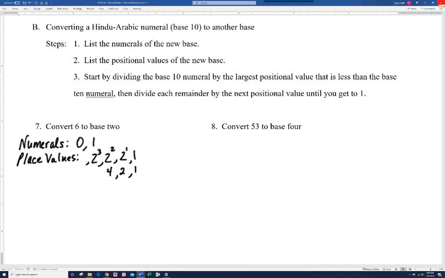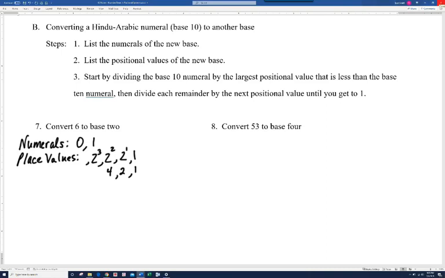Start by dividing the base 10 numeral by the largest positional value that is less than the base 10 numeral. So in this case, we're dealing with 6, and 4 is less than 6, but if we went to 2 cubed, that would be 8, which is not less. And so we're only going to be using 4, 2, and 1 here.